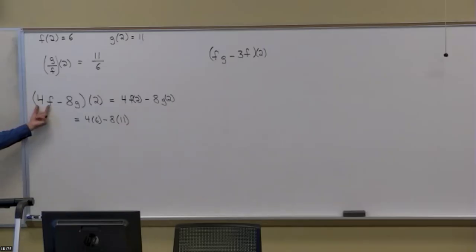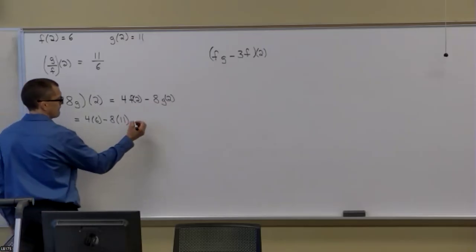By the way, is this operation any different than what we've done so far? It's not really. It's actually just the same operation we did with function multiplication, but we think of 4 as being the constant function of 4, right? So its output's always 4, just multiply everything by 4. So that's 24 minus 88, or negative 64.